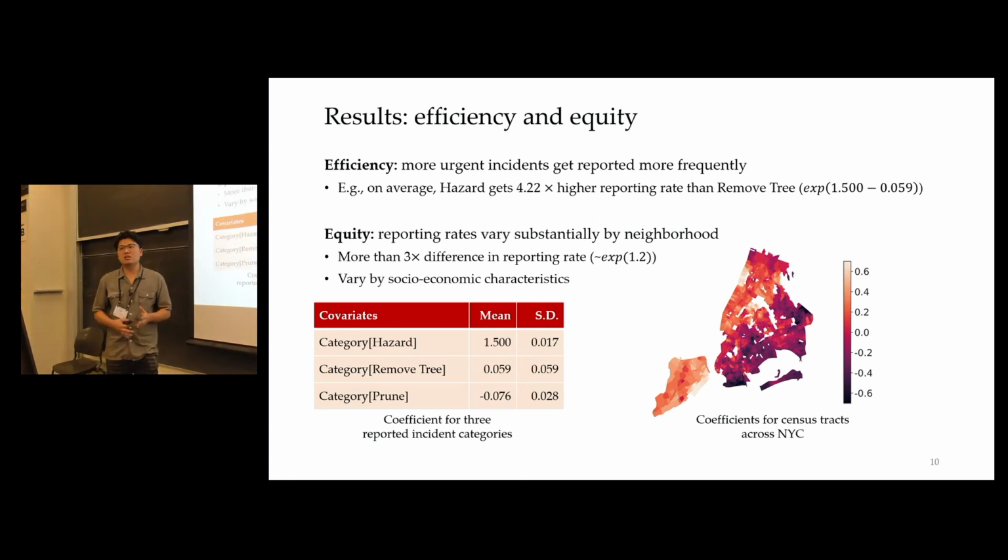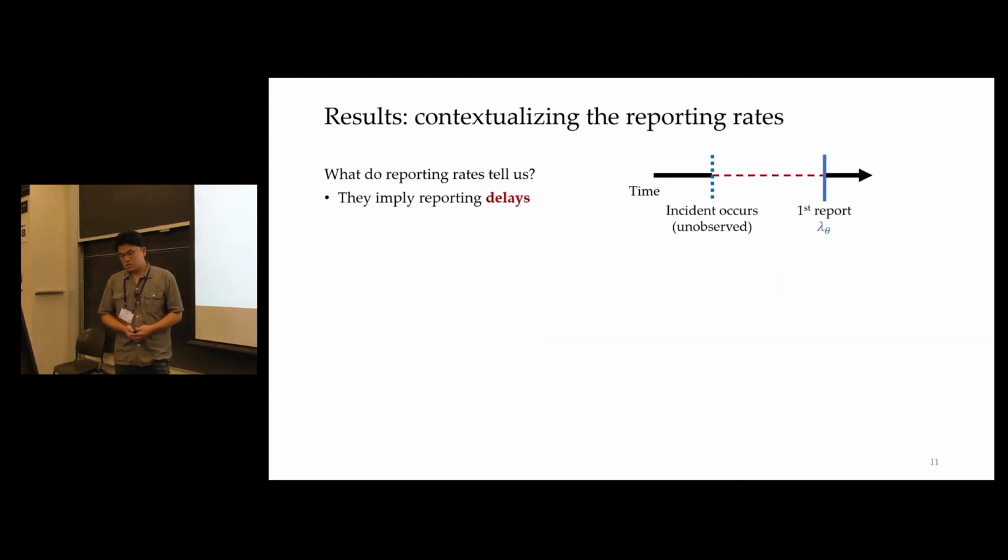Since there is a lot of socioeconomic clustering in New York City, this might intuitively suggest that there are disparities along the socioeconomic lines. And we do substantiate that claim in our full version of the paper. So as we mentioned before, the reporting rates imply the reporting delays.